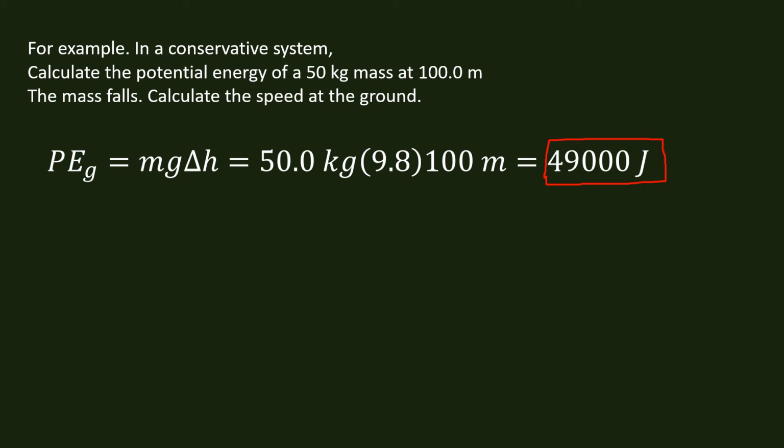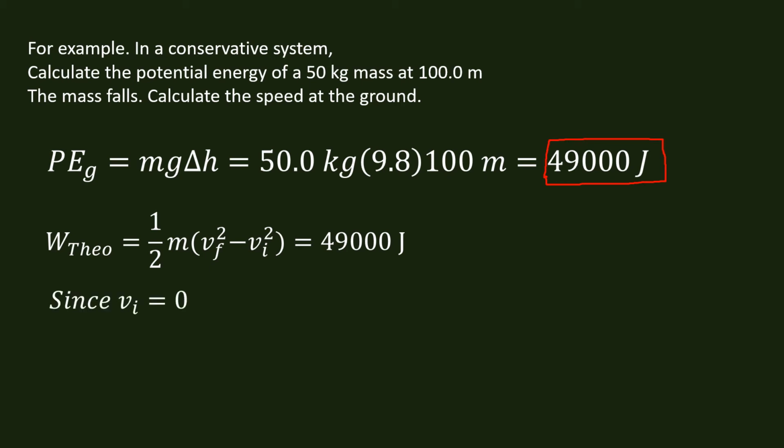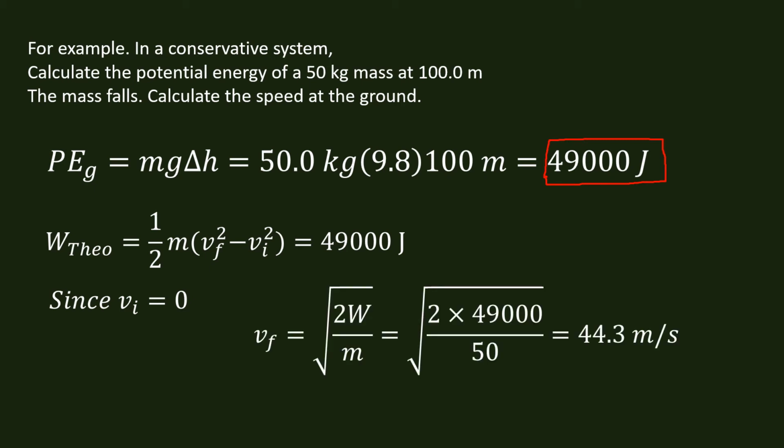And we have about 49,000 joules. The work-energy theorem, we could set that to 49,000 joules. And since the initial velocity is equal to 0, then this goes to 0 right here in this equation.